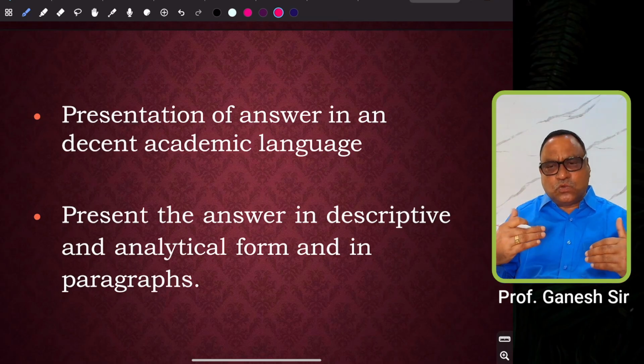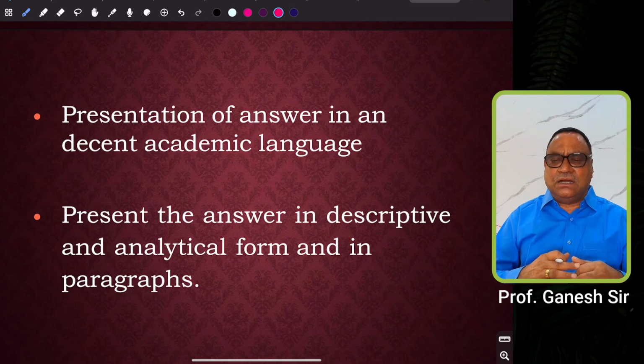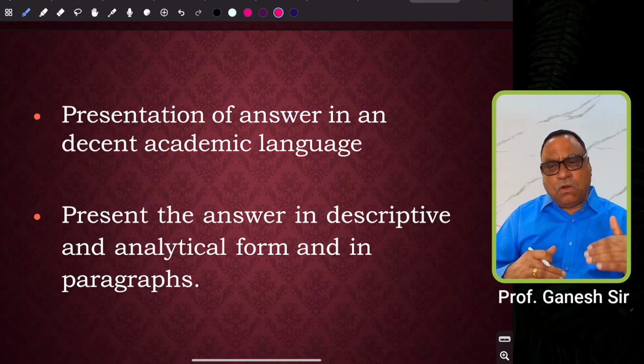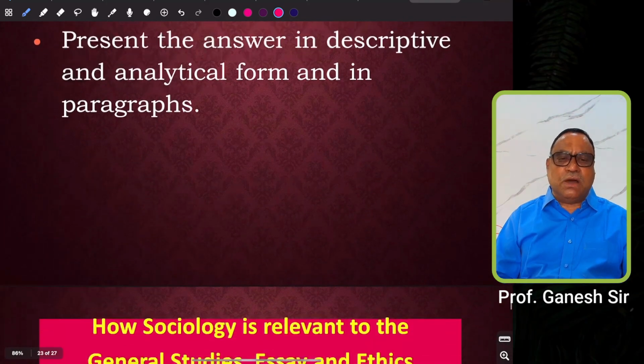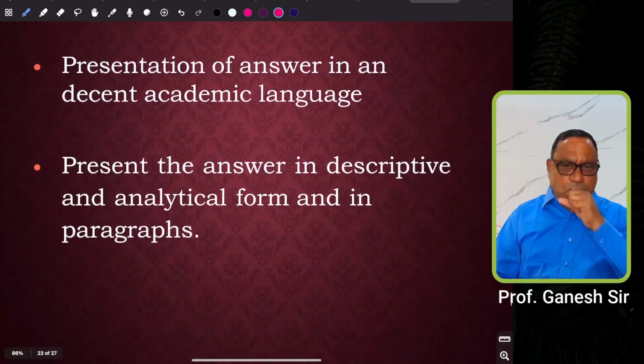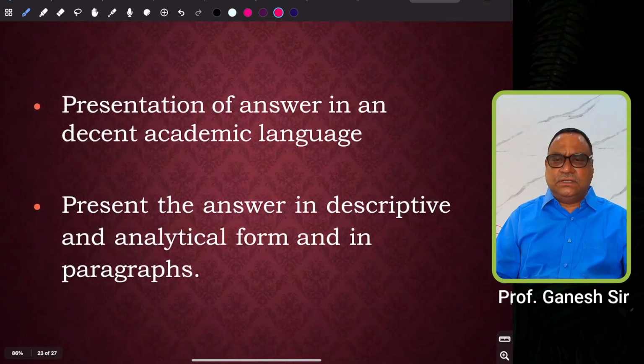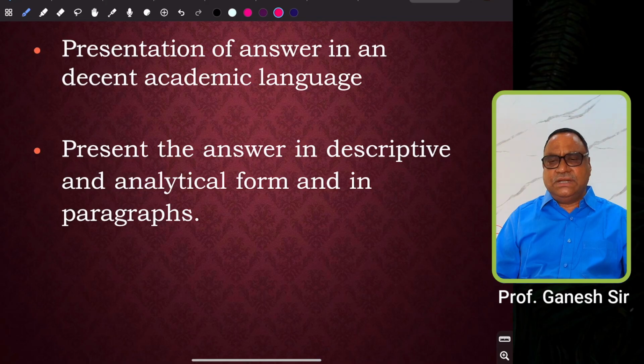So if the student is able to present the answer by following all these precautions, definitely they can score good marks. These kinds of precautions are required for a student to score good marks if they opt for sociology as an optional subject for the civil services mains examination.